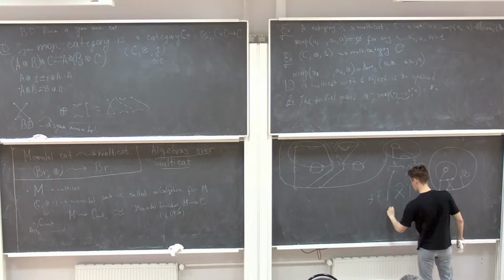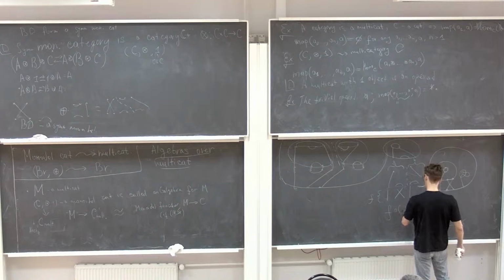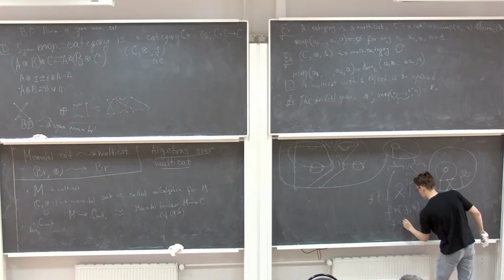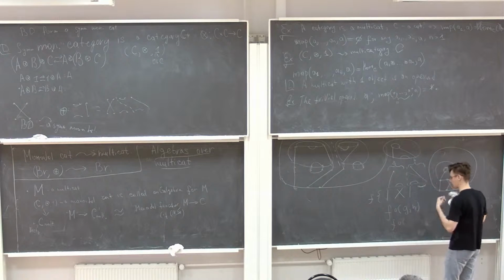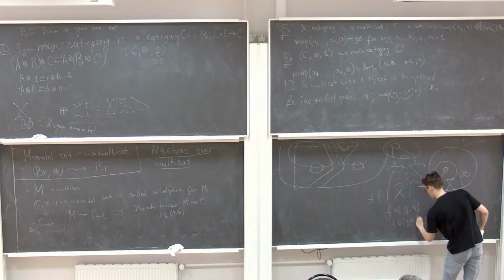And I'm making an attempt to draw the composition of F and the pair G and H. Essentially the same by the definition of a multi-category that corresponds to a monoidal category as this.